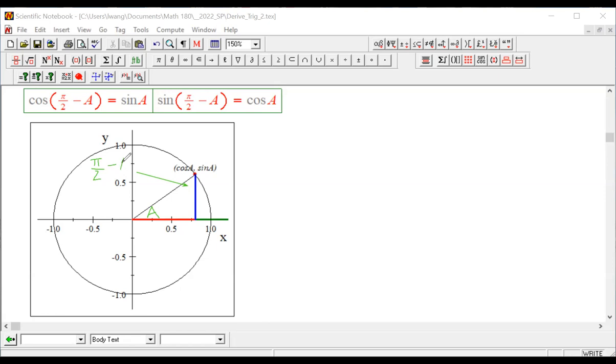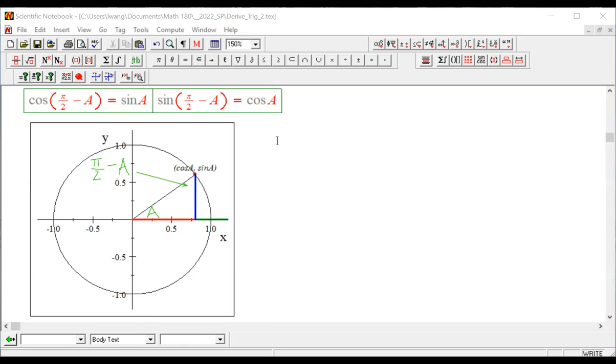And since the hypotenuse equals 1, what we have is that sine of A is the blue. Cosine of pi over 2 minus A, which is the adjacent side, is also the blue. You follow me? So let me write it down.